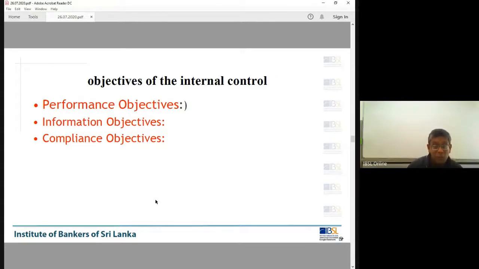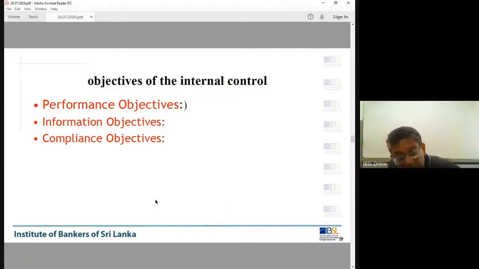Therefore, you must have an internal control system to ensure that the information you are providing to your management to take decisions must be of quality. So that is the information objective. Internal control ensures that the information provided to the management to take quality decisions is properly developed, true and correct, right?